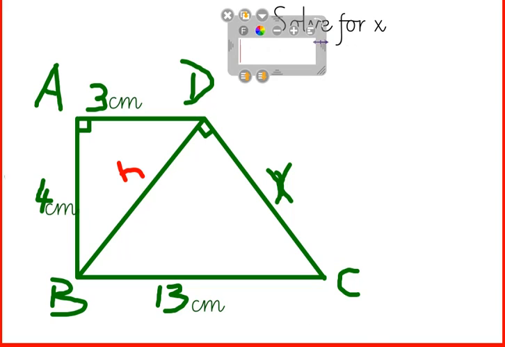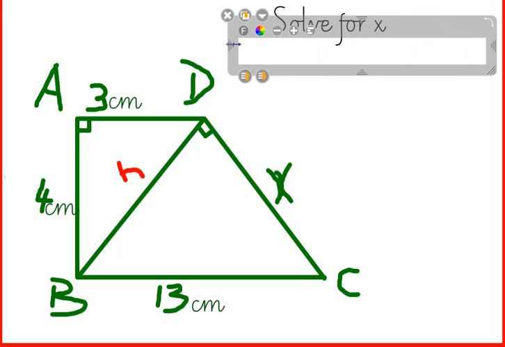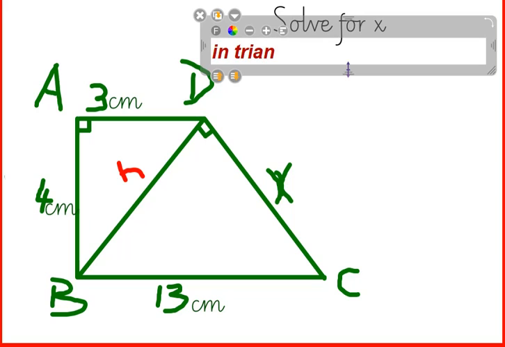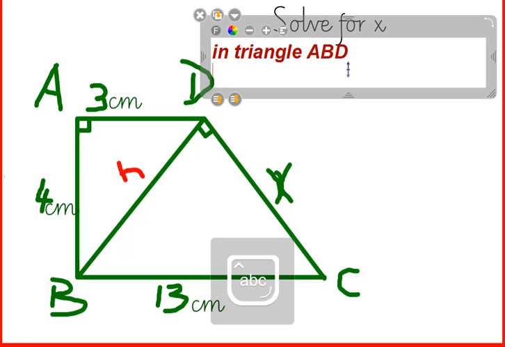So let's see how we write that mathematically. We start off by saying in triangle ABD, we have a hypotenuse. H squared equals 4 squared plus 3 squared.